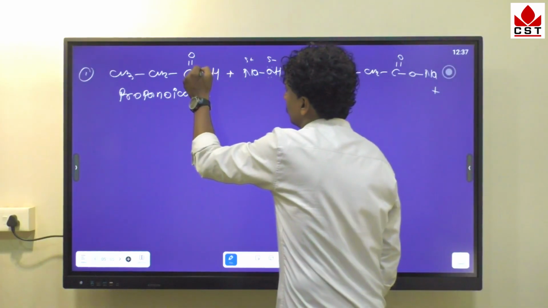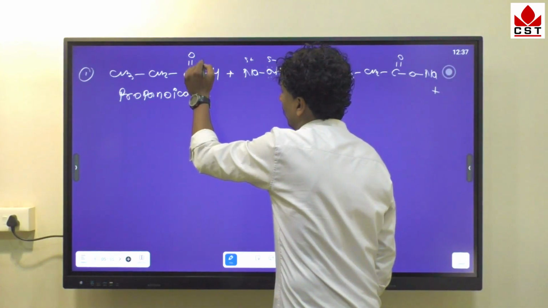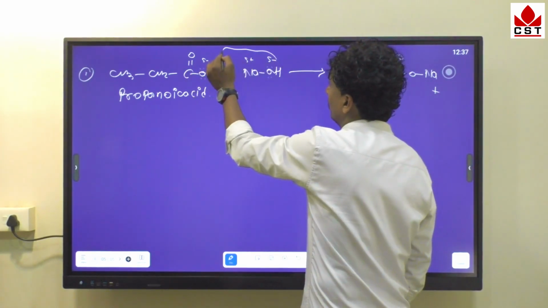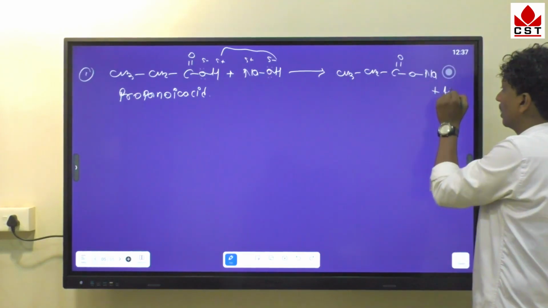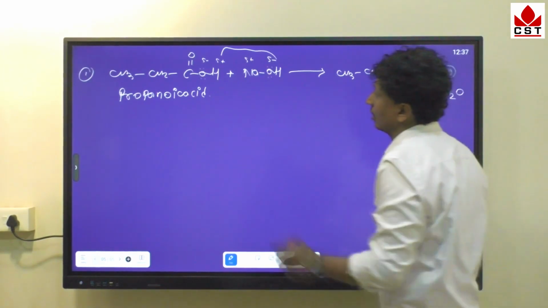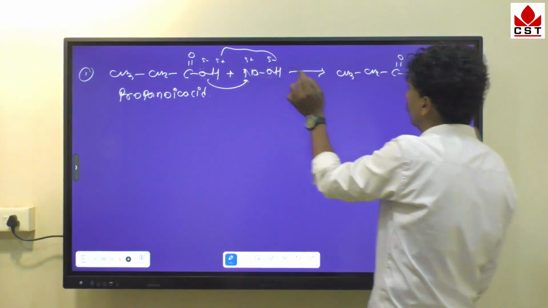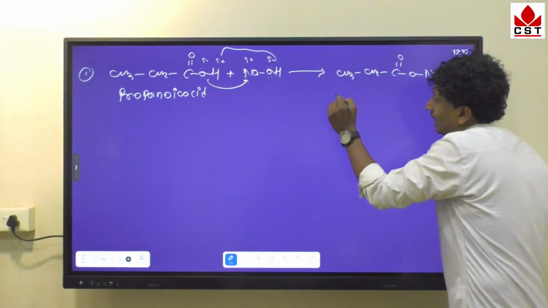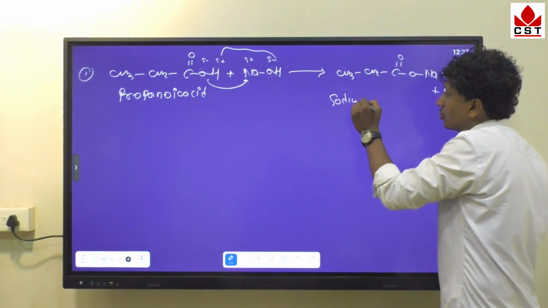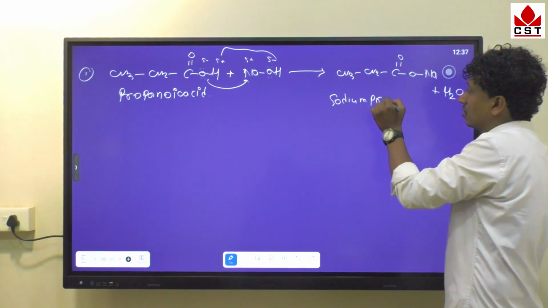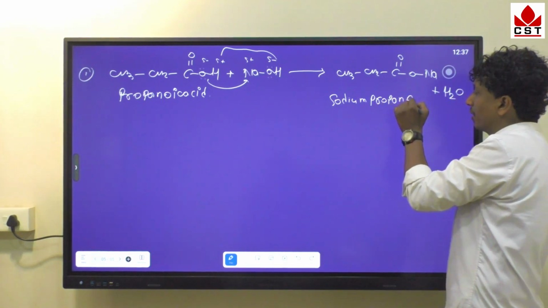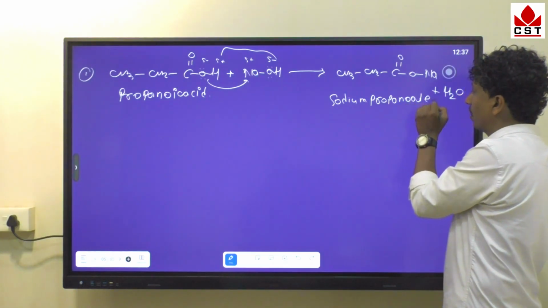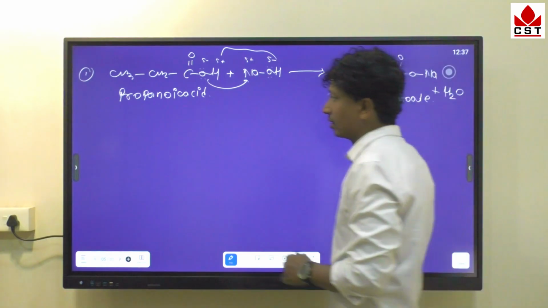There is OH and H, minus water. The O attacks the sodium and forms the intermediate, called sodium propanoate: the 3-carbon chain is propane, and E is replaced by OIC.